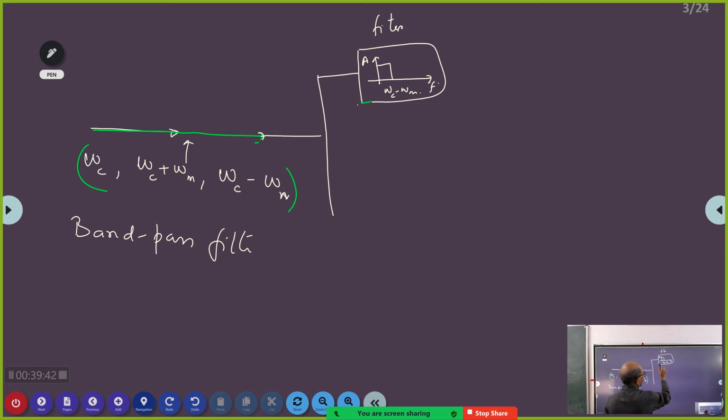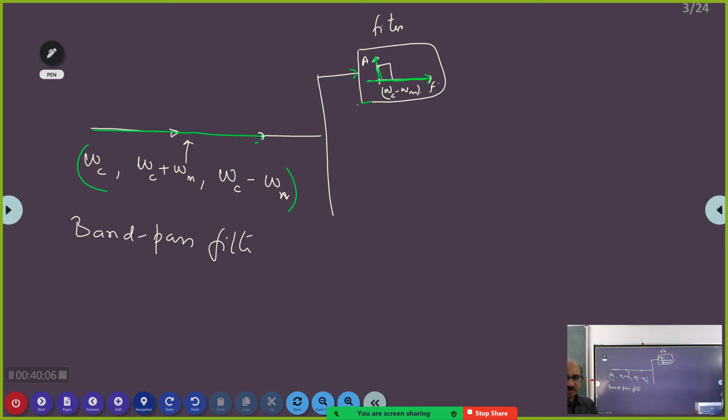You understood this filter, what I have written here? If you have not understood, you should ask. If you have misunderstood also, you should ask. What does this characteristic mean? That means this filter will allow all these frequencies from 0 up to omega c minus omega m, but it will not allow any frequencies above omega c minus omega m.